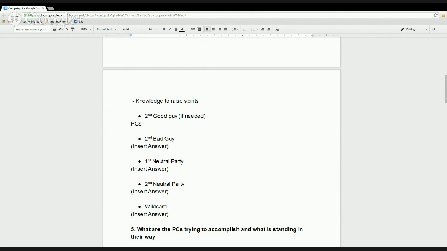Perhaps the main bad guy lost a lover or a spouse, or maybe a child they cared deeply for. And this group, perhaps evil worshippers of some sort. I know I'm getting too general, but I'm trying to narrow it down here.